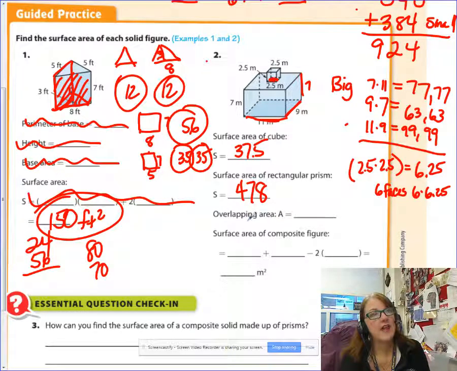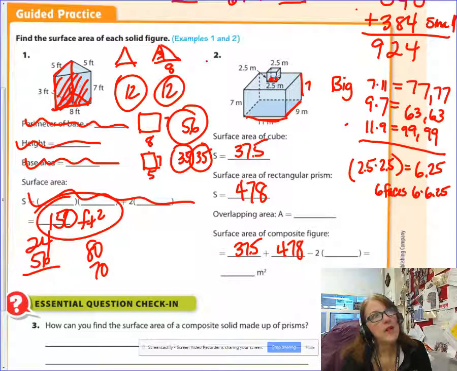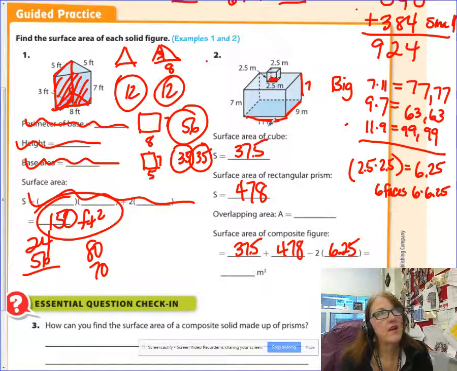Now, if I add those two together, that's what they're asking you to do here. 37.5 and 478. But here's the deal. We have the bottom of the baby cube right there, which is a 6.25 square meter area. And it's also covering up that square on the top of this one. So what you're going to have to do is subtract off 2 of those. That total is 12.5.